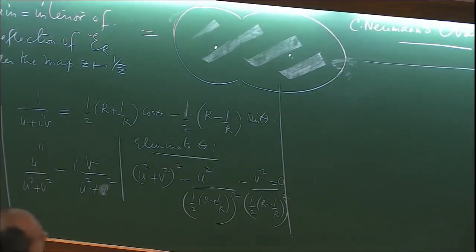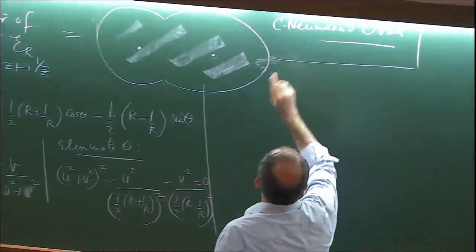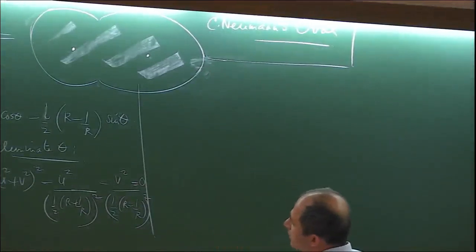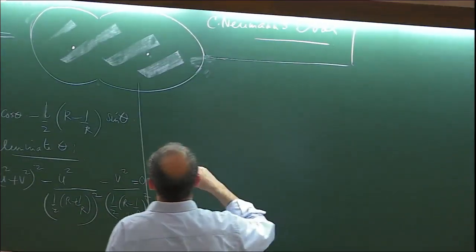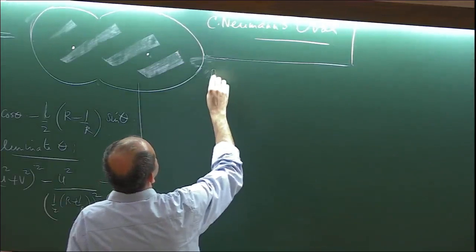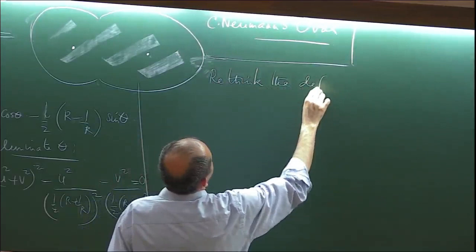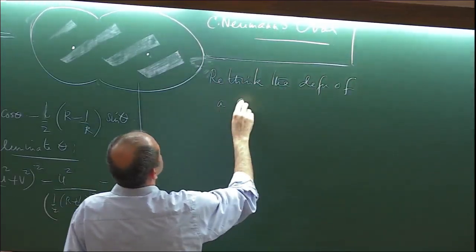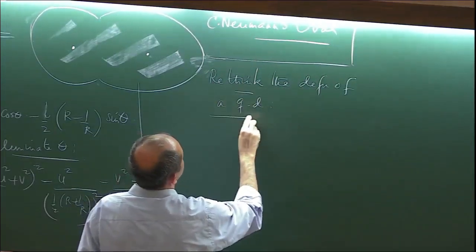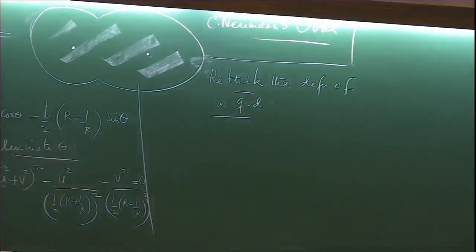Right. Okay. Now let's move on to sort of change tracks here a little bit and rethink the definition of a quadrature domain. So the very basic theorem that we proved last time, due to Aharonov and Shapiro, says that if you have a quadrature domain, that's equivalent to 2 other things.